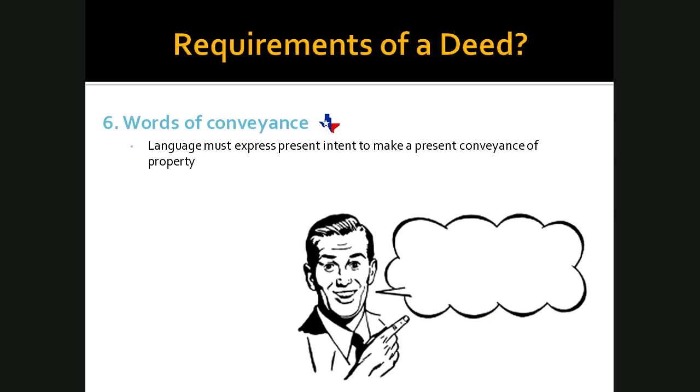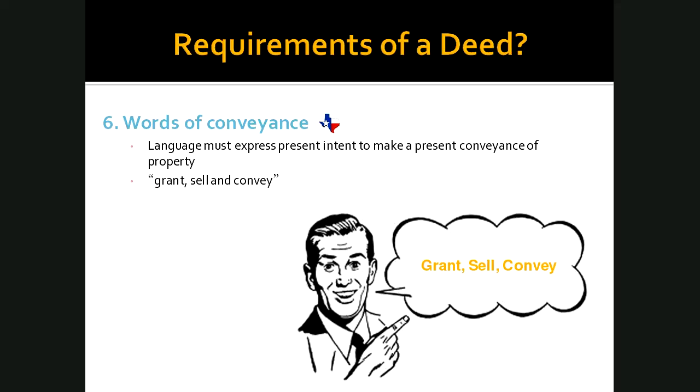Next, you want to have words of conveyance, right? So this is language in the document that expresses the present intent to convey the property. So these are the words that say, I want to transfer this property to someone else, right? It expresses the fact that they're transferring the property. And most of the time, these words are going to be grant, sell, and convey.